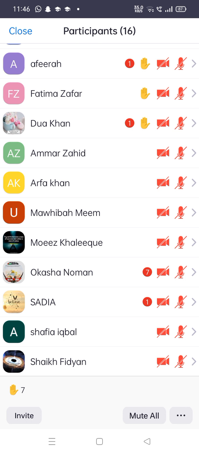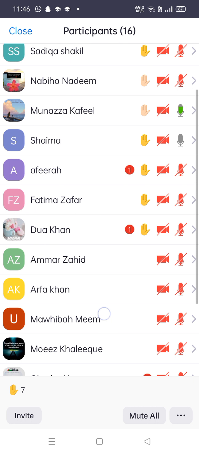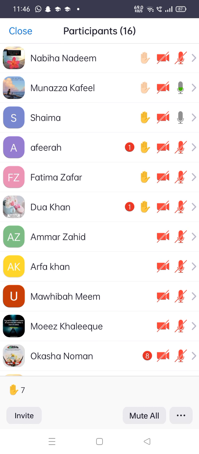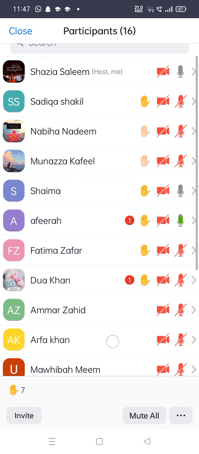Now choose the correct option. An example of a biotic component of the ecosystem is... Yes, an example of a biotic component of the ecosystem is grass. Yes, grass. And for the next one, raise your hand.